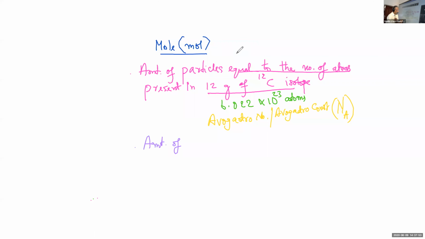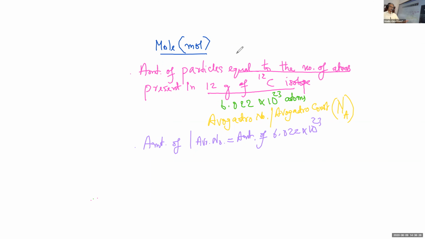That is equal to the amount of, what is Avogadro number? 6.022 into 10 raised to 23 particles. The particles may be atoms, the particles may be molecules. If you are taking 6.022 into 10 raised to 23 atoms, that is equal to 1 mole of atoms.